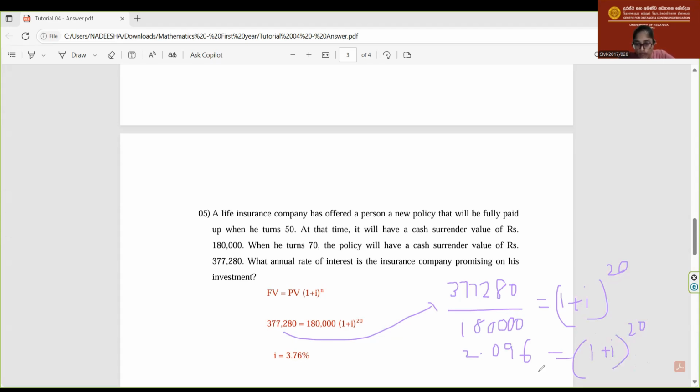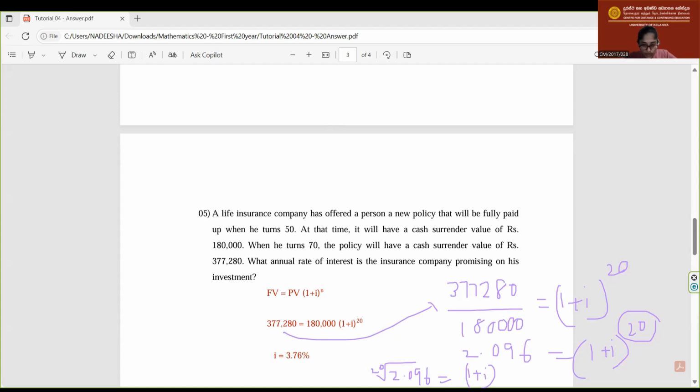And then what you have to do here: the 20 is there, so it's a power. In order to eliminate the power, the opposite of that power means the 20th root of the other side. You can see now 1 plus i is on the right-hand side of the equation. So the 20th root means the 1/20th power of 2.096, right? We will find it.